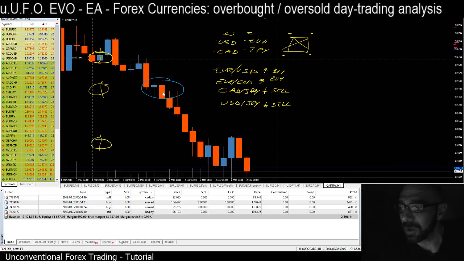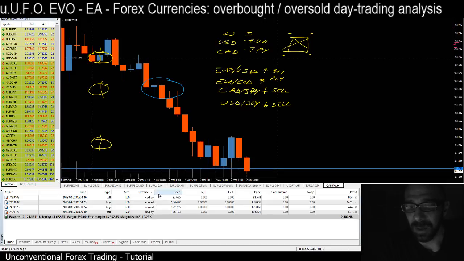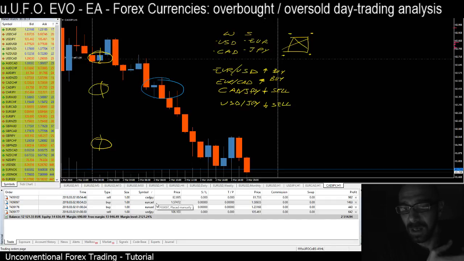So instead of putting the stop loss as a method to reduce the risk, as usual in hedging, the risk is reduced and contained because we choose to hedge simultaneously currencies that have this condition.